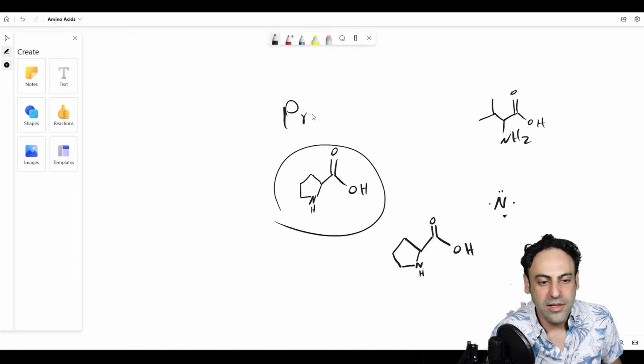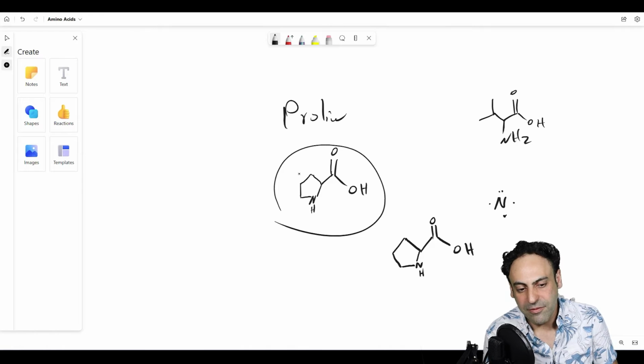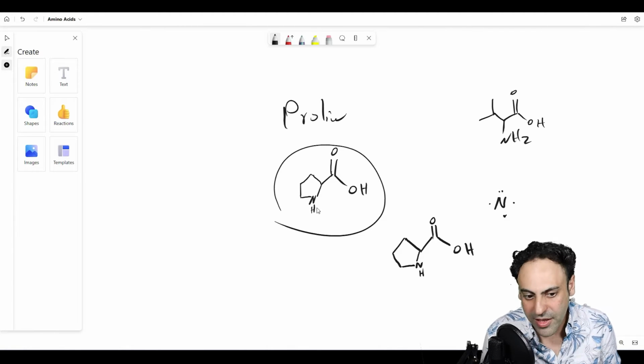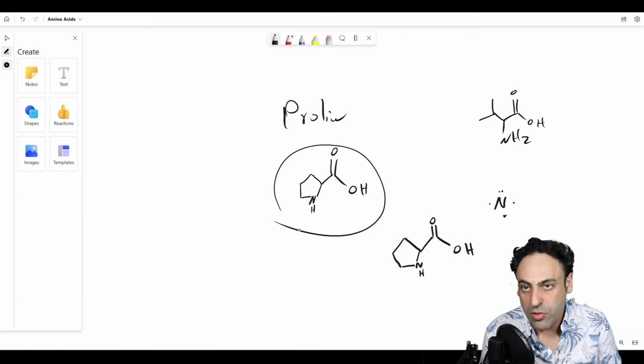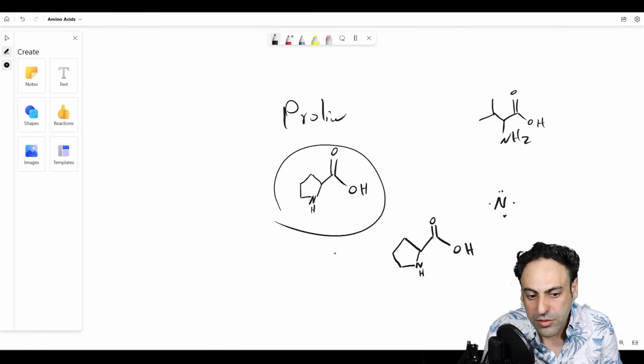So proline, due to this kind of fold that it takes over here, and due to the small structure, is so useful in protein folding. That's why proline is used for protein folding and giving proteins that folded structure.